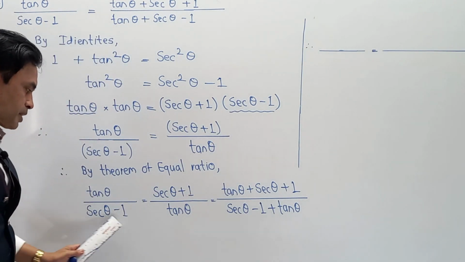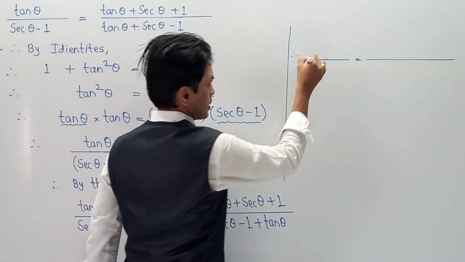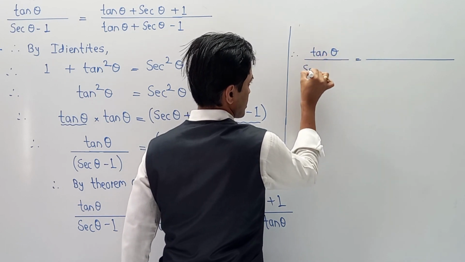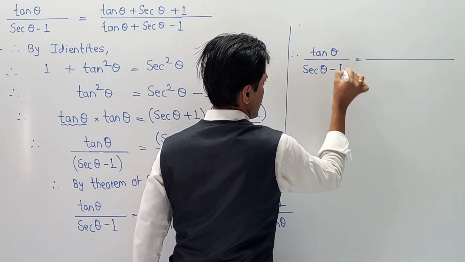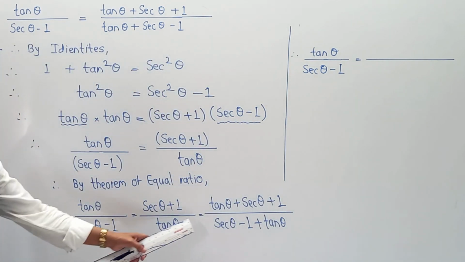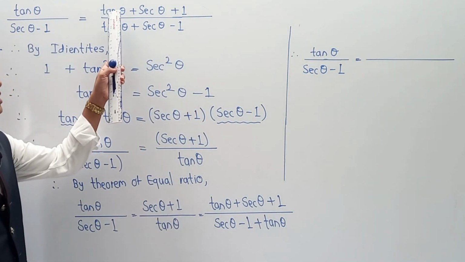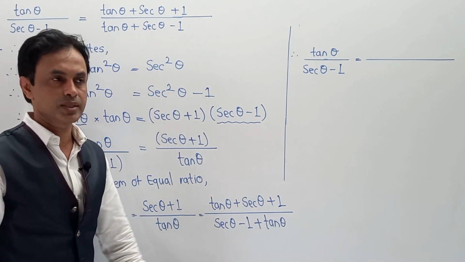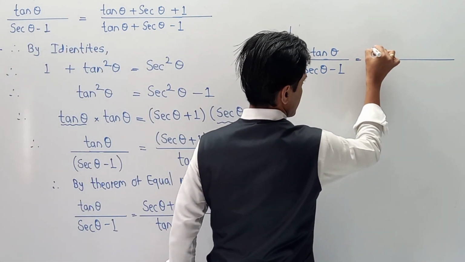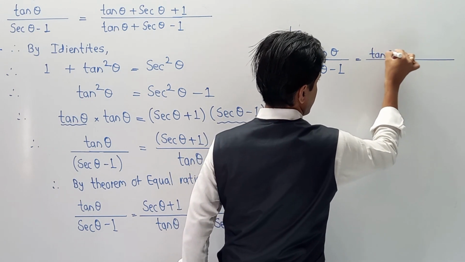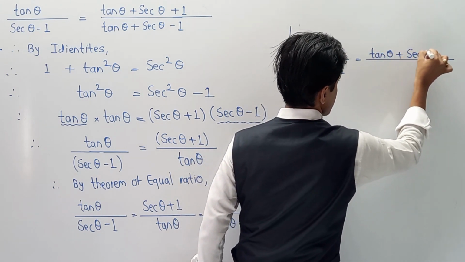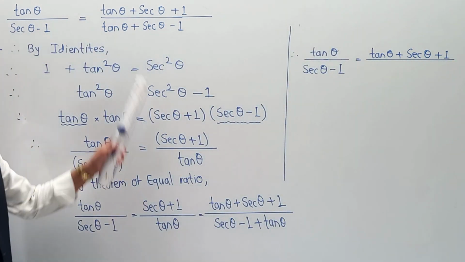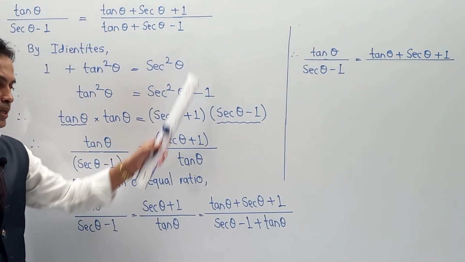Tan theta upon sec theta minus 1 is equal to, as per answer, tan theta plus sec theta plus 1 upon tan theta plus sec theta minus 1.